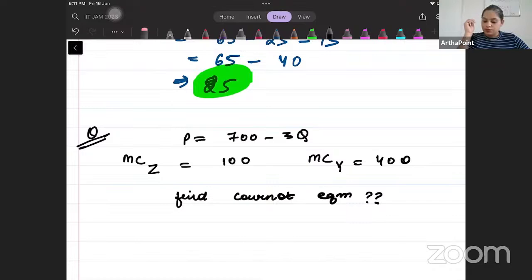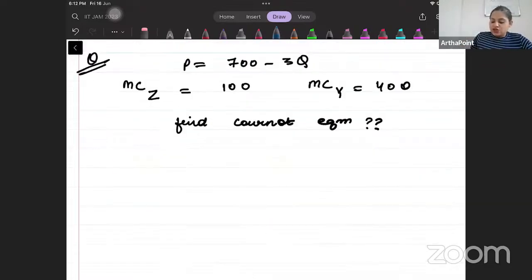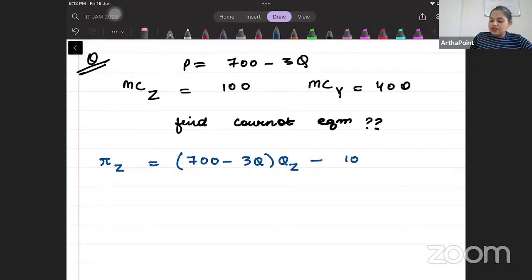So let us do that. The profit of Zach will be price into the quantity he sells minus his cost.